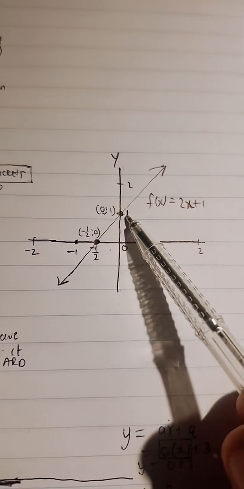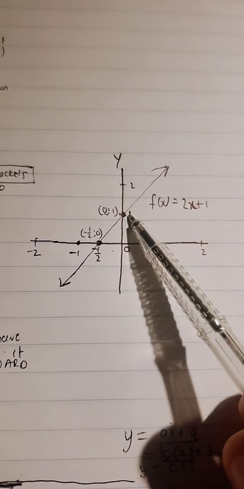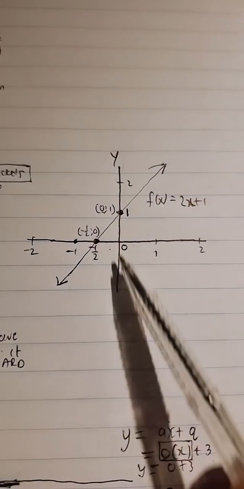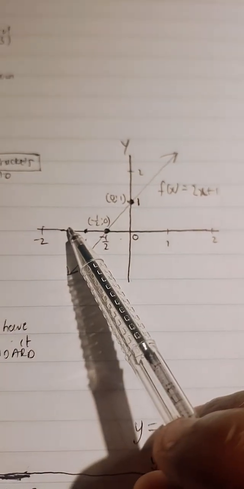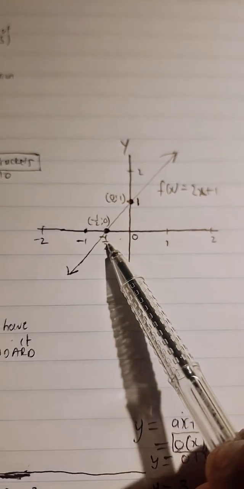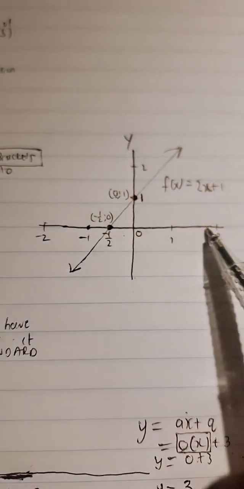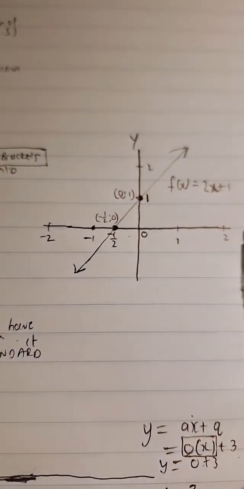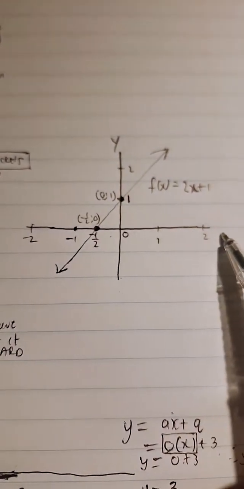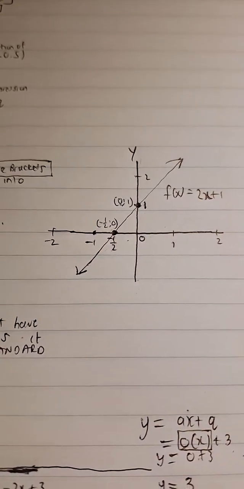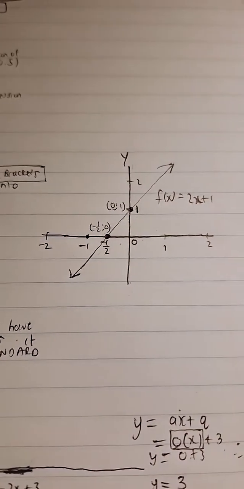The 1 is there to indicate that on this y-axis, where we know x is equal to 0, the y-intercept is 1. On this x-axis, where the x value is negative half, the equation of the x-axis is y is equal to 0, so we know that that is the x-intercept.